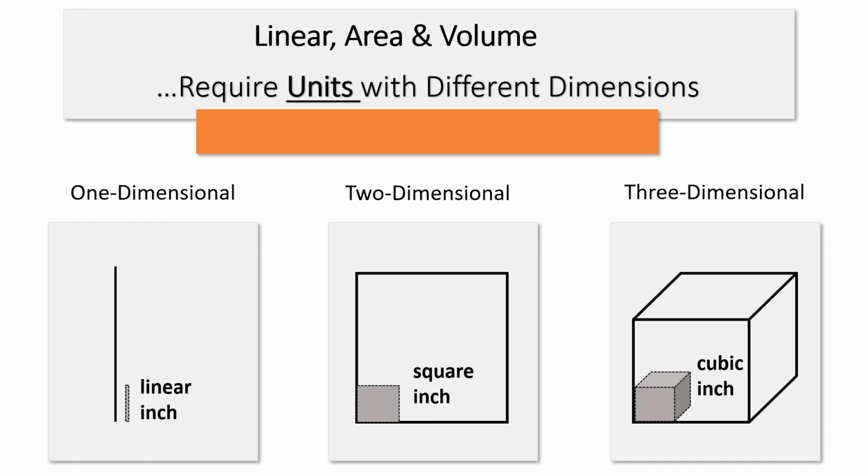So with linear, area, and volume, you measure linear, which is length, a square inch for area, and a cubic inch for volume. Those are the three units. Even though the units we're using are inches, each unit is made differently. Straight, square inch, cubic inch.